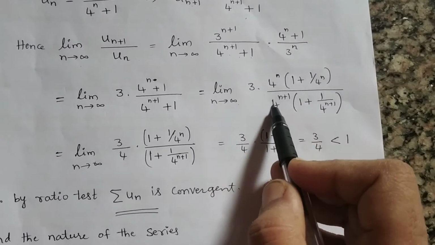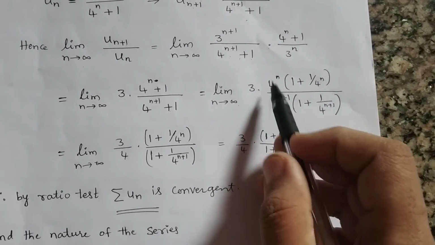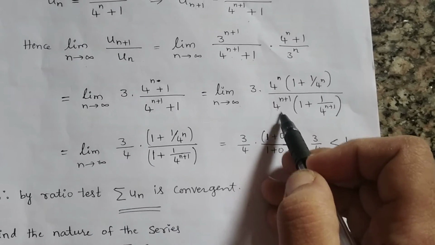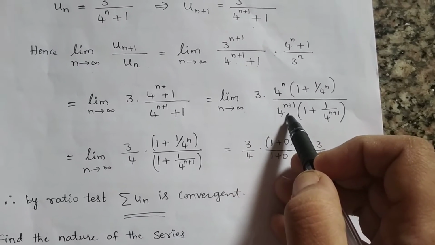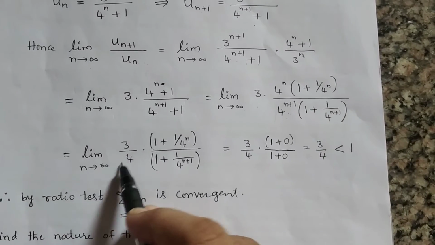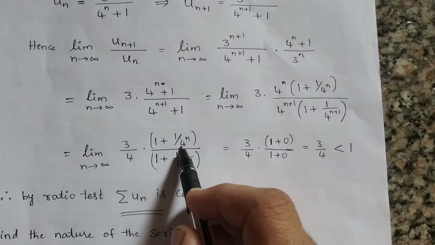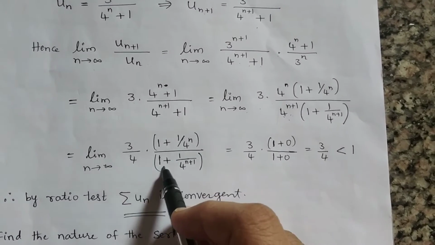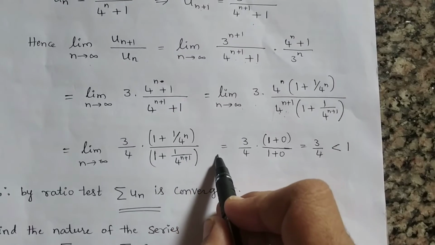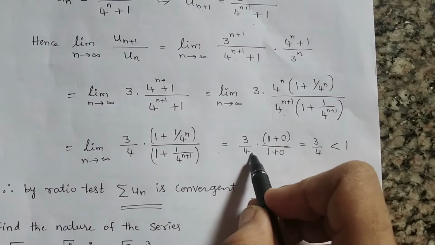Now you can cancel 4 power n. In the denominator I have 4 power n into 4. 4 power n cancels, and 4 remains. Therefore you can write it as 3 by 4 into 1 plus 1 by 4 power n divided by 1 plus 1 divided by 4 to the power n plus 1, which is equal to 3 by 4 into.